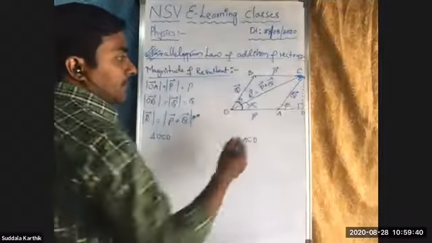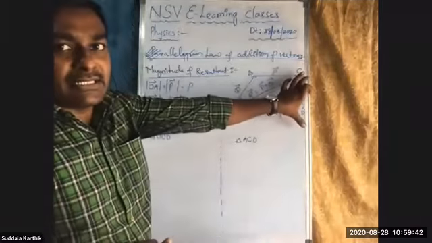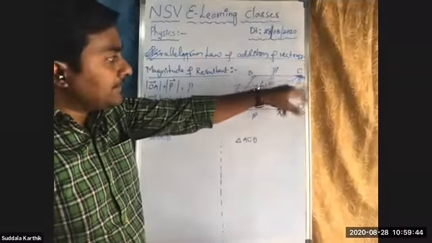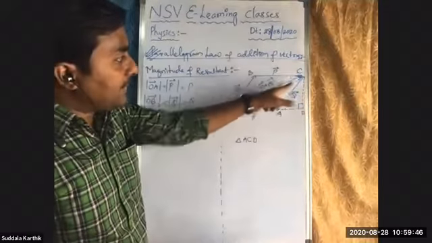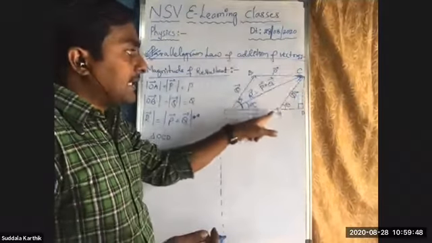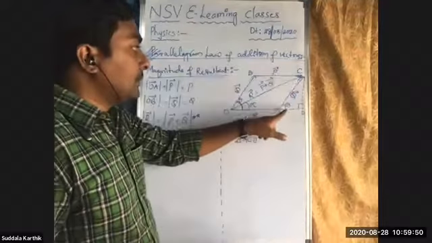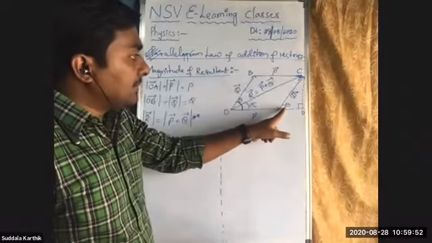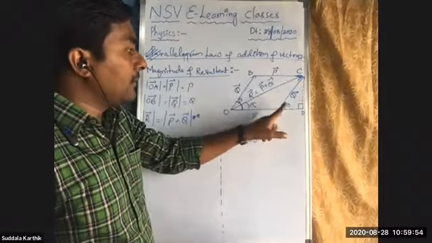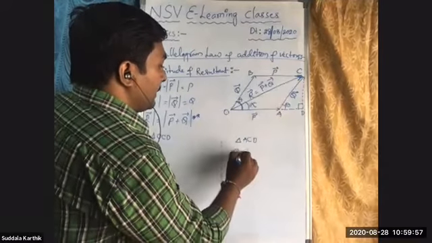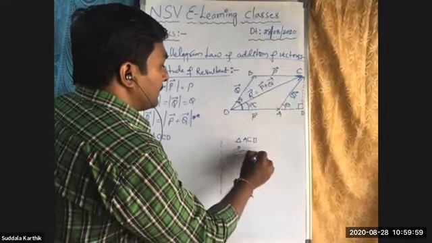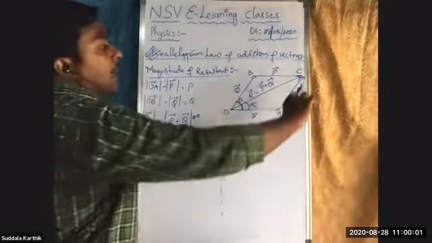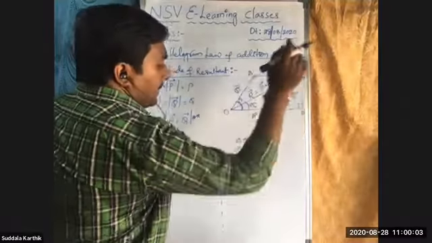For that purpose, I want to calculate this CD. My concentration is on CD. CD is nothing but the opposite side for this right angle triangle. This is a right angle triangle from the diagram, so this is the opposite side to theta. So that's why I want to calculate. First of all, I am calculating sin theta. Sin theta is nothing but opposite side by hypotenuse.